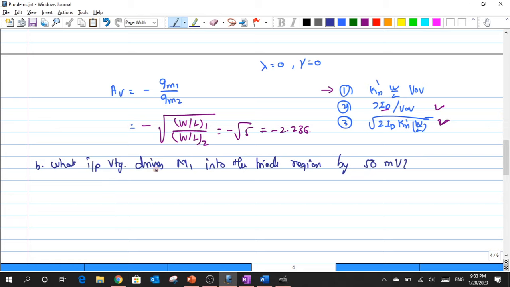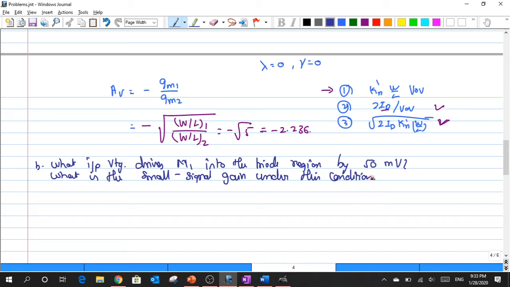Before that, let me write the second part of the second question: what is the small signal gain under this condition?